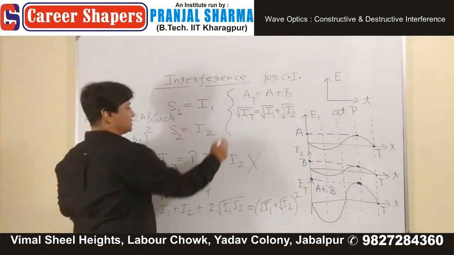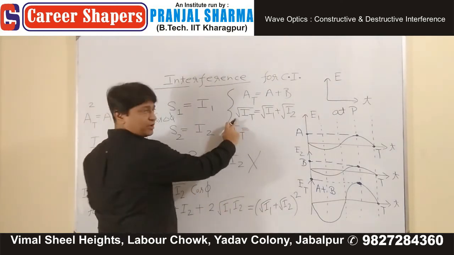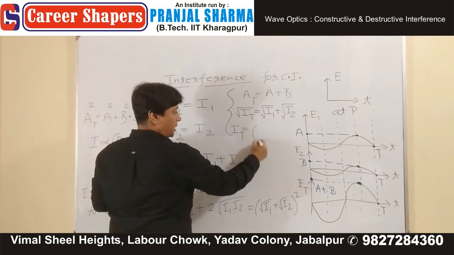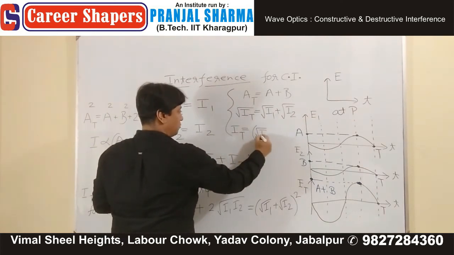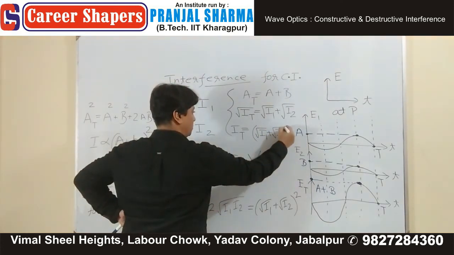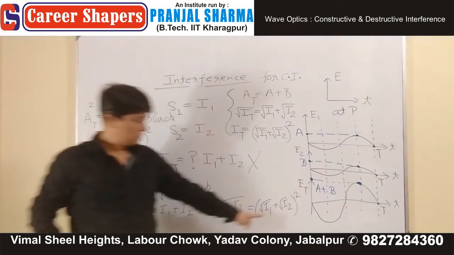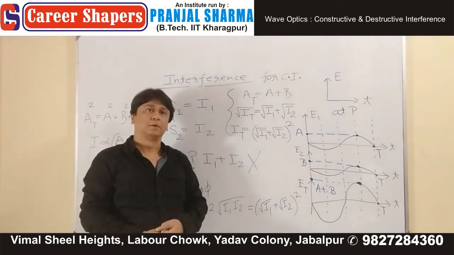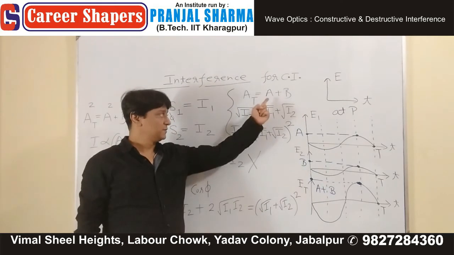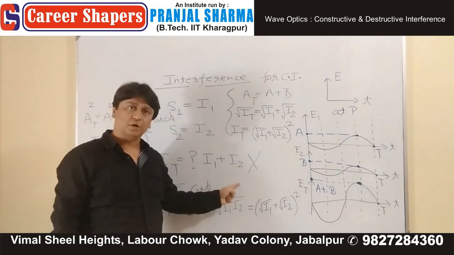That means I total is, shift the root there, and you get root I1 plus root I2 whole square. Write down this as well as this.